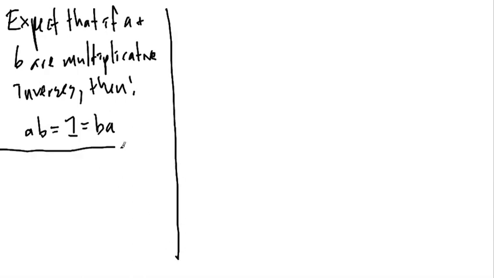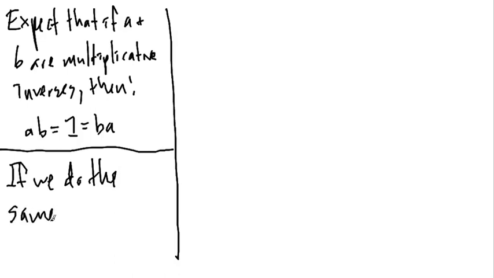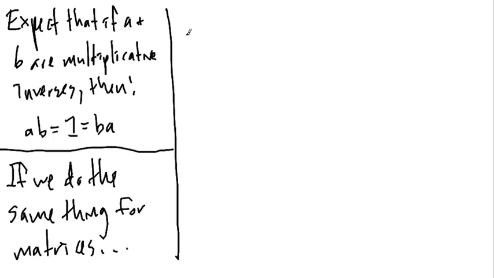Now the book goes through the logic here, but if we do the same thing for matrices, first of all, we want to replace the number 1 with our multiplicative identity, which is I, the identity matrix.